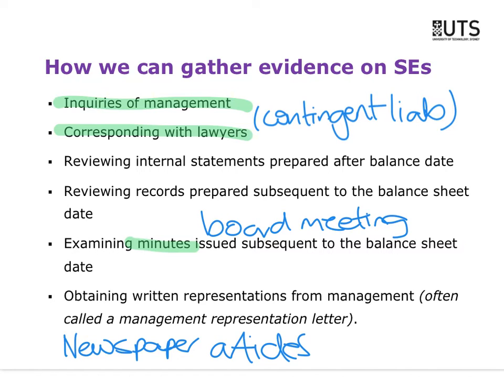It could even be changing government policy. I'm going to add one up here: change in government policy. If the government suddenly decided on coal seam gas, there's been lots of controversy about fracking, which is a type of mining for coal seam gas in suburban areas.